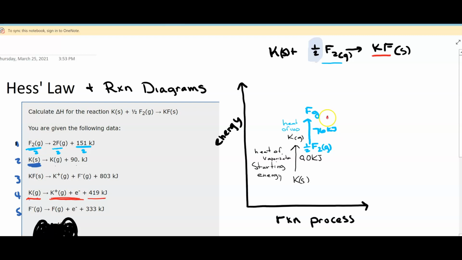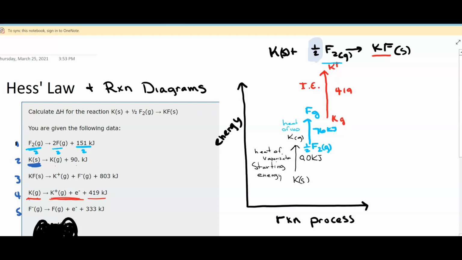So I'm going to make my line a little bit longer, 419, because that's a significantly bigger number. And that's going to allow me to take my gas form and turn it into a cation. What's that called? The energy to remove an electron? That's your ionization energy for potassium.